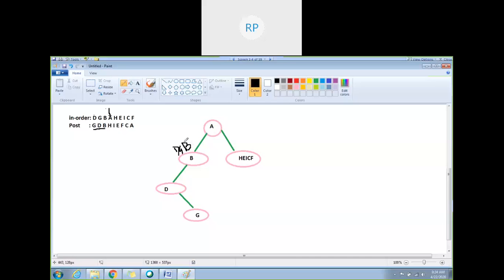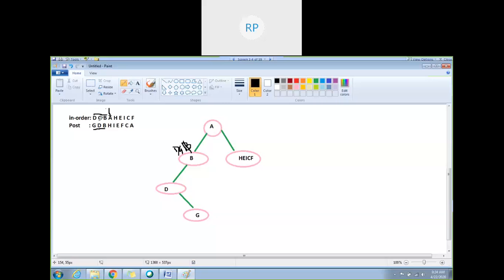So I'm choosing B as my root node. What elements are pending? D and G. Among these three elements, I have chosen B as my root node. So what are the left and right elements I can get from my in order? I'm checking what elements are on the right side: no elements, because I'm considering only these three nodes.